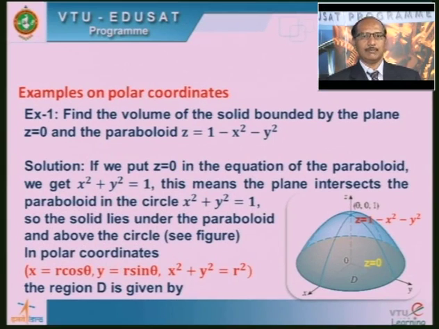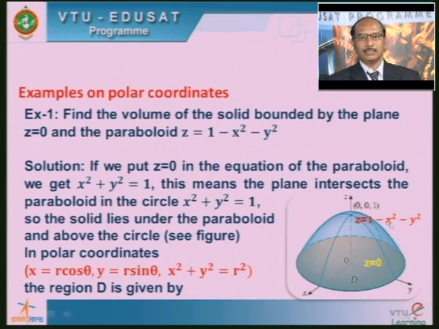This is the first example: find the volume of the solid bounded by the plane z equal to 0 and the paraboloid whose equation is z equals 1 minus x square minus y square. You can see the diagram of the solid here.